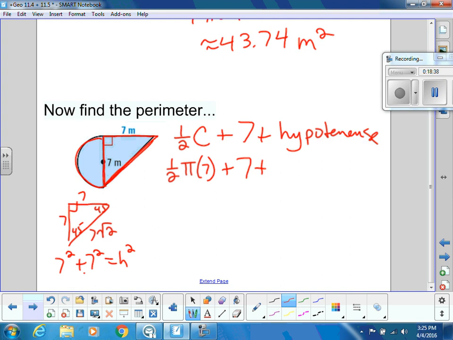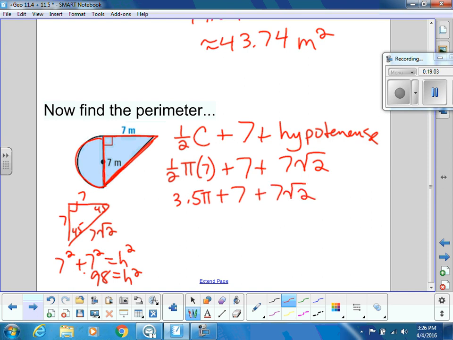And that would give you 98 over here, which if you take the square root of that, will give you 7 root 2. So this is going to be 7 root 2 for your hypotenuse. All right, so we have 3.5 plus 7, so we have 3.5 pi plus 7 root 2.